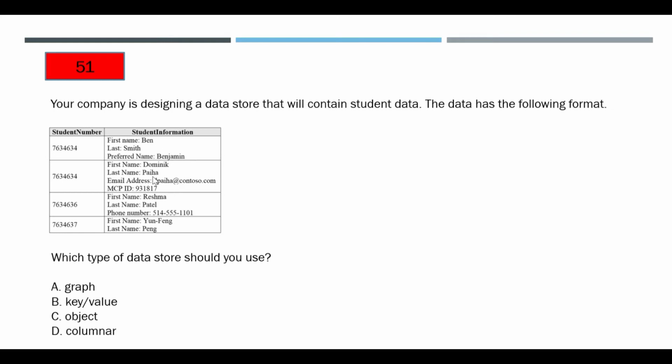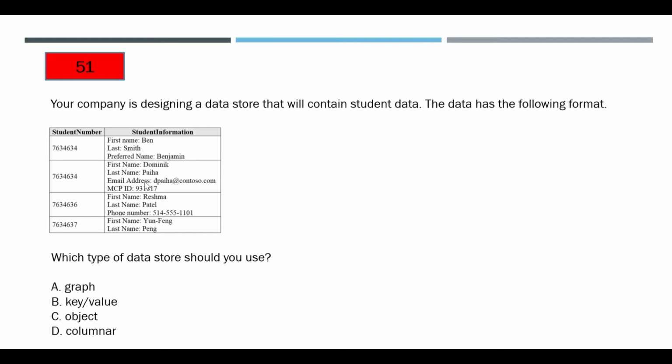Now this is the way a student's record is maintained. The question is asking us to choose a type of data store. If we analyze this, for some students the first name, last name and preferred name is mentioned.